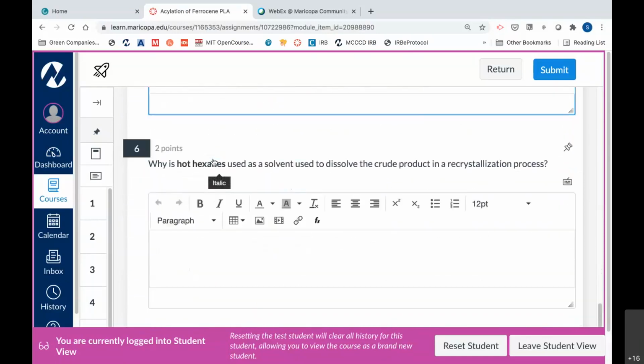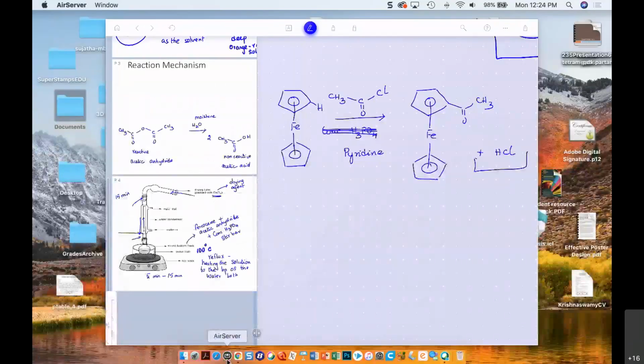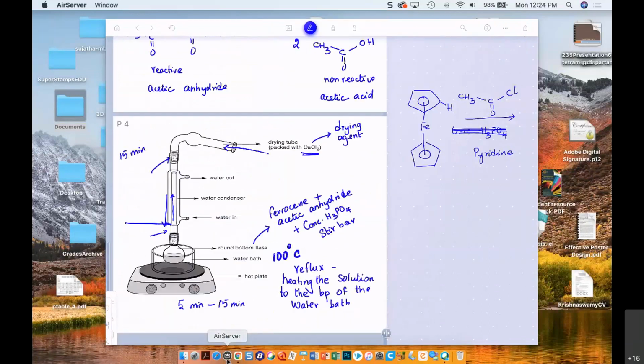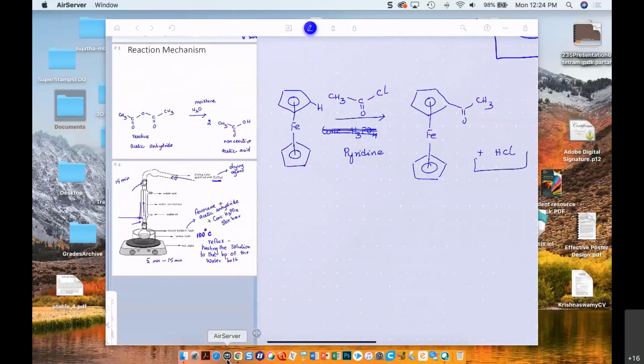Now let's talk about the next question. I'll move to my other screen here. Now, once you get this acetylferrocene, that's the end of the reaction, but after that, you have something called workup, all right? So what you have in that reaction mixture is this product, but life is never that cozy. You don't get only the product. You get some excess reactant, right?